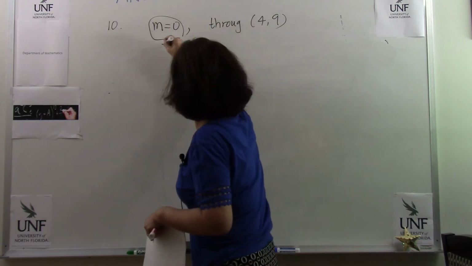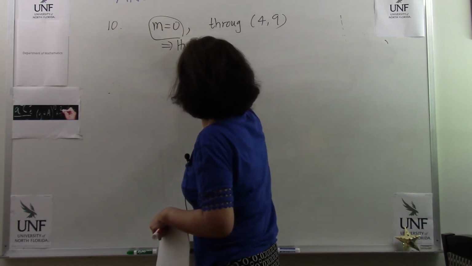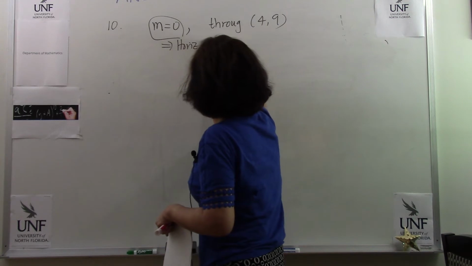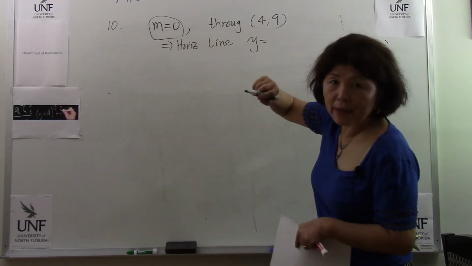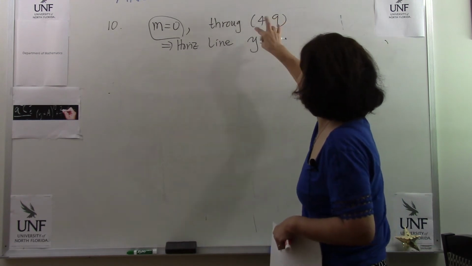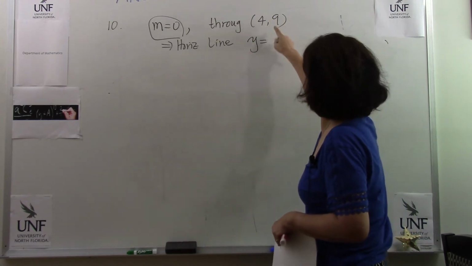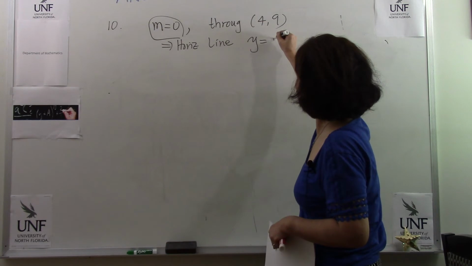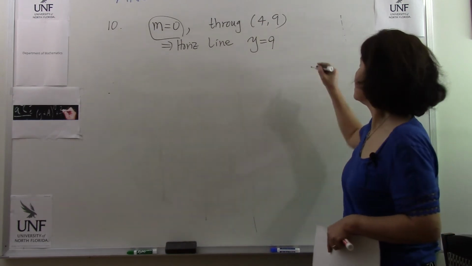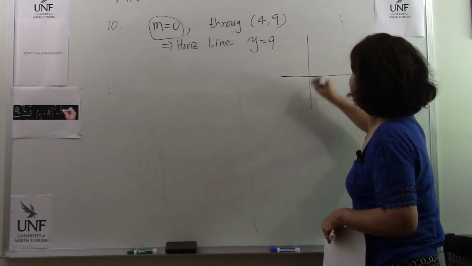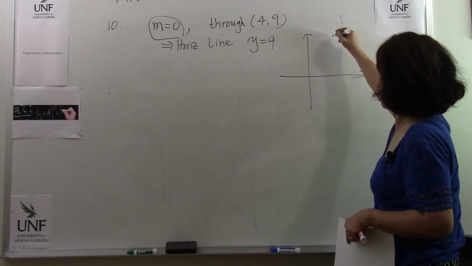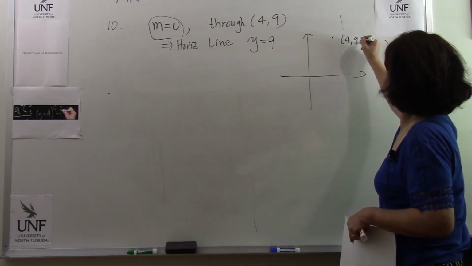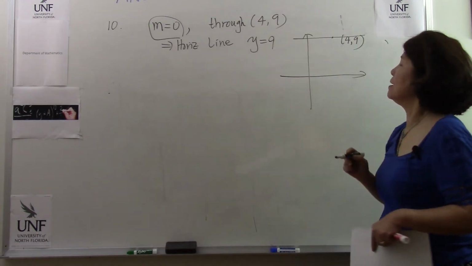Well, that is horizontal line, and the equation wise, that is always y equals something. Well, the line goes through this point, so y equals, of course, naturally you are going to pick up 9 over here. So you have 4, 9. So y equals 9 looks like this.